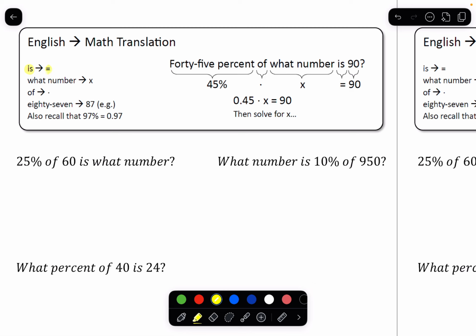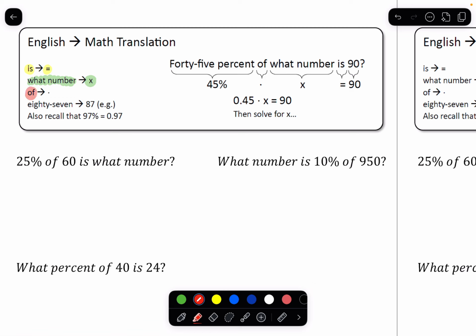So is equals. Anytime you see something like what number means you don't know what number. And when we don't know something or the value of something, we usually use an x or a variable to represent that number. So when you see what number, you're going to use x.